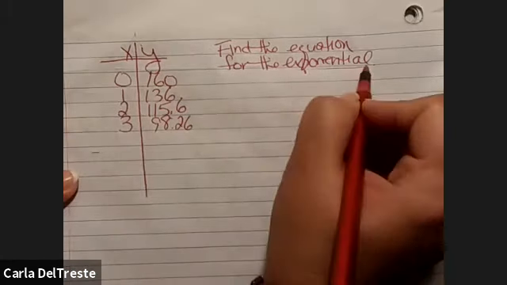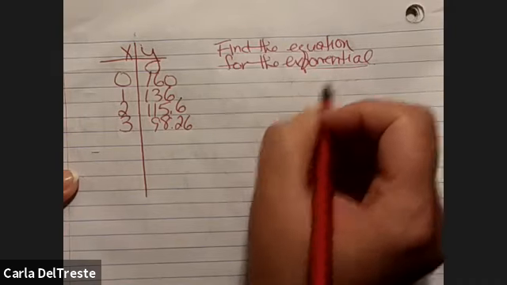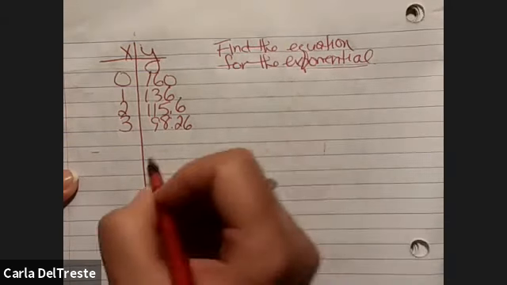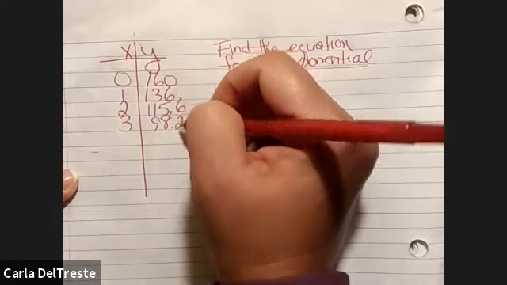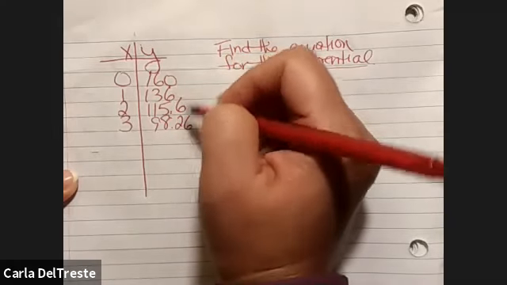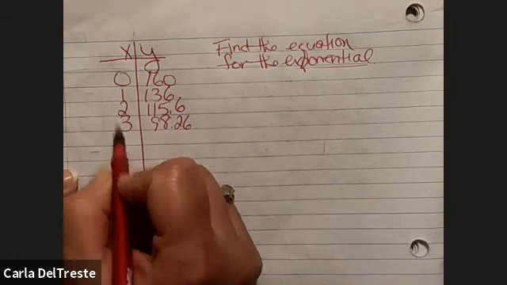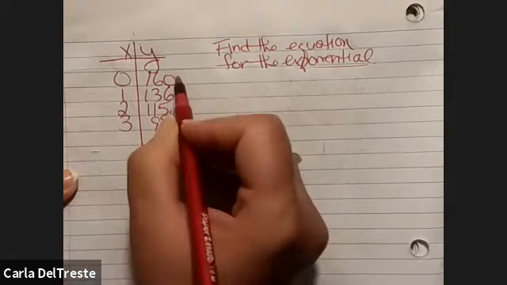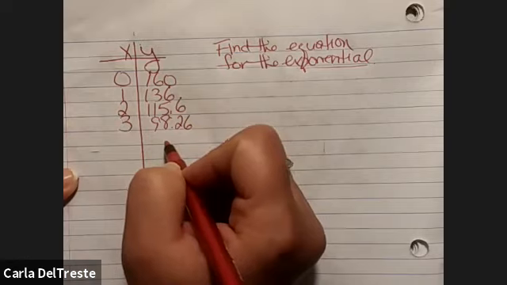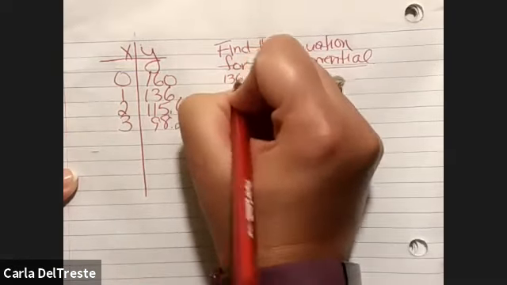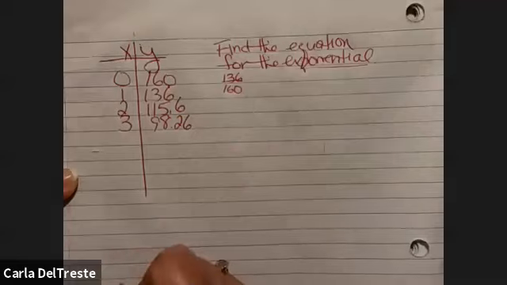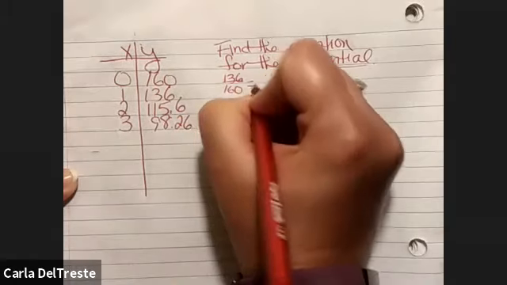Because they're telling me it's exponential, I can jump in with the exponential test. The exponential test is there should be a constant multiplier that I could figure out, as long as these are consecutive inputs. So yes, I'm counting by ones, which means I can divide the consecutive outputs. I want to know what 136 divided by 160 is. Turns out that it's 0.85.